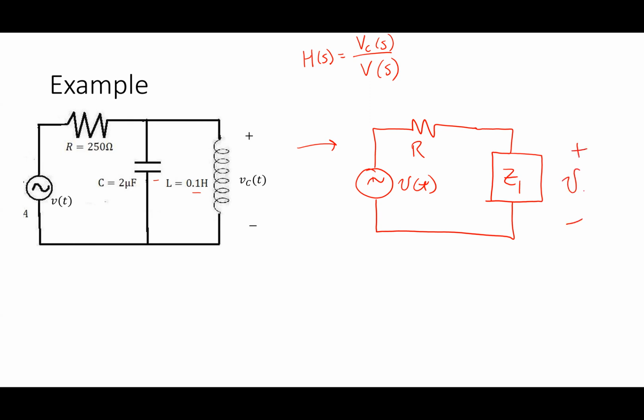That's still V sub c. If I'm in the Laplace domain, though, I should label it this way. This is V of s, and this is V sub c of s, like that. So how do I approach this now? How do I solve for V sub c of s for that circuit?